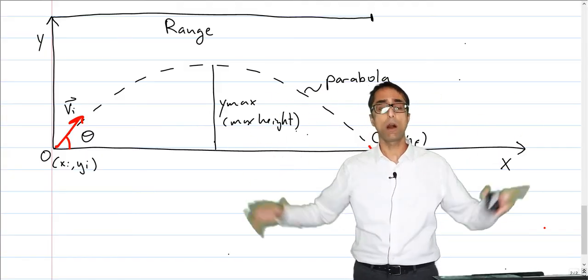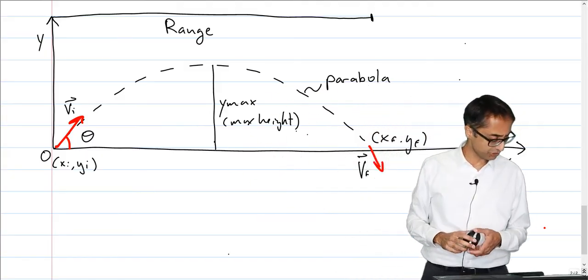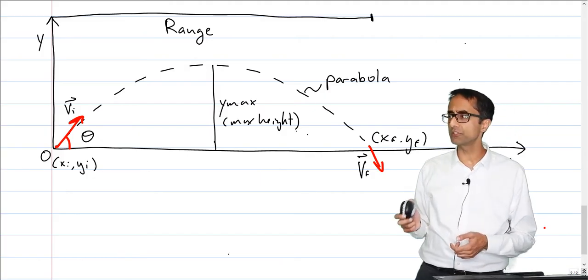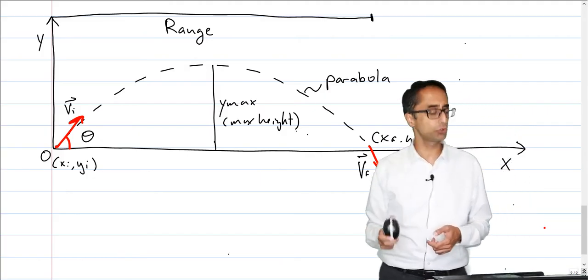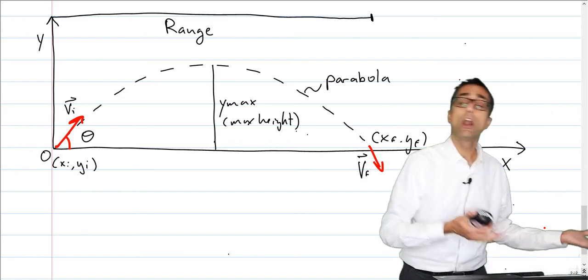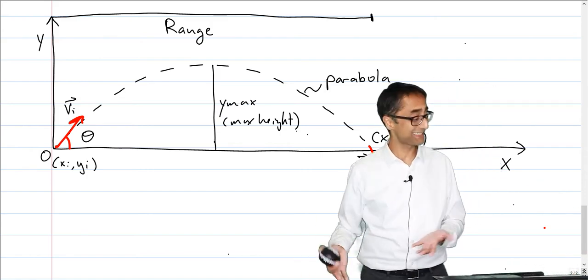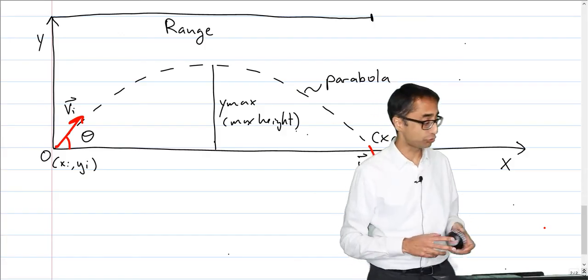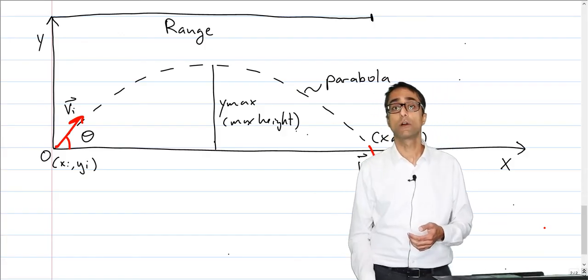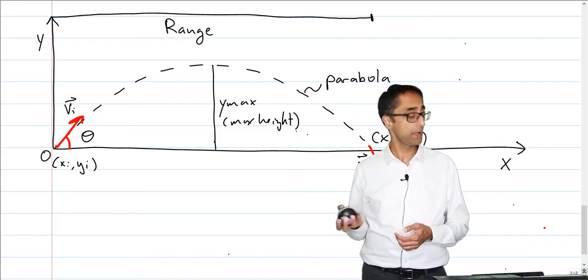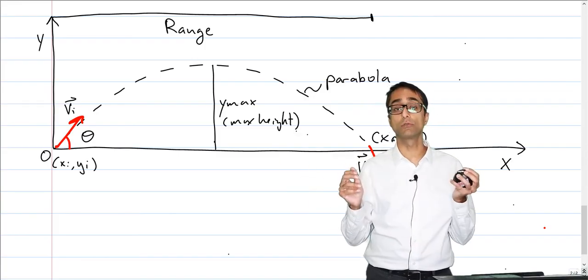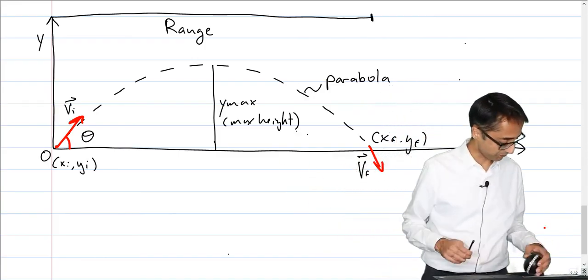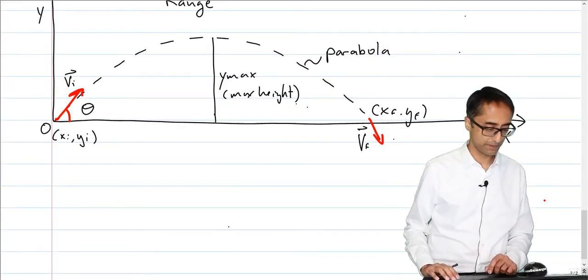That's the shape of this motion. And so what we are starting to realize is that two-dimensional projectile motion is actually just a combination of two one-dimensional motions that are happening at the same time. And those two one-dimensional motions are, of course, free fall, up and down, and a constant horizontal velocity. Let's put those two things together.